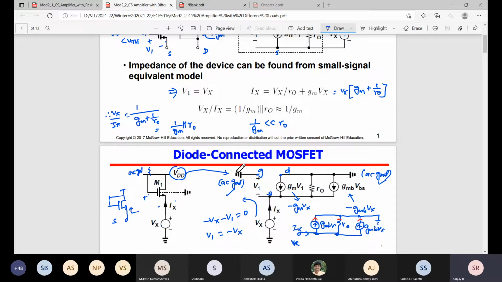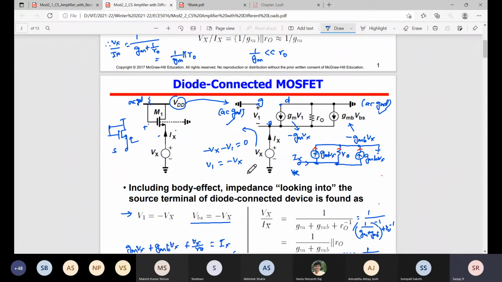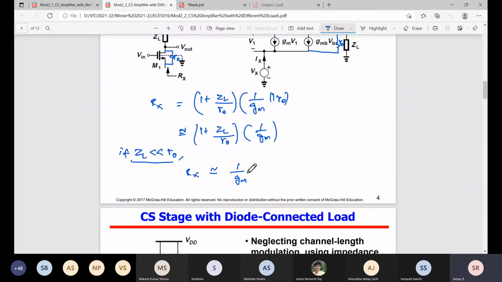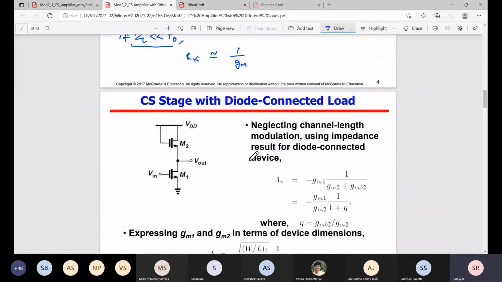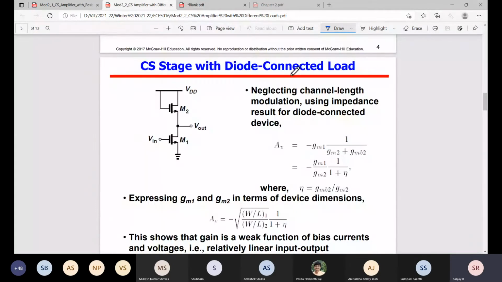Neglect the body effect; let's assume the body effect gmb is very small and the variation is not that significant. So with this understanding, now we'll go to the common source amplifier with diode connected load. First we'll take NMOS, so NMOS with diode connected load. Now I want to replace it with the small signal model. So what is the equivalent resistance here?